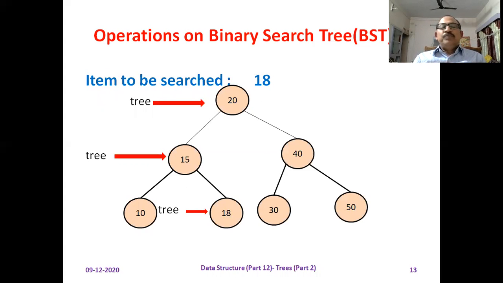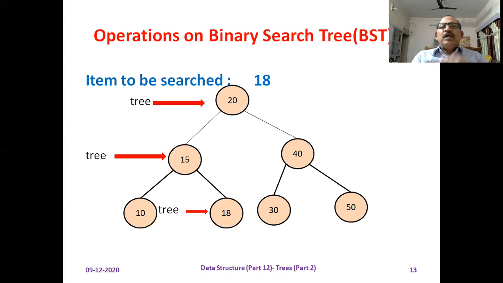Let us take an example of how this algorithm will work. Suppose we want to search item 18. So first, we always start with the root node. Compare this 18 with the 20. Here we can see 18 is less than 20.